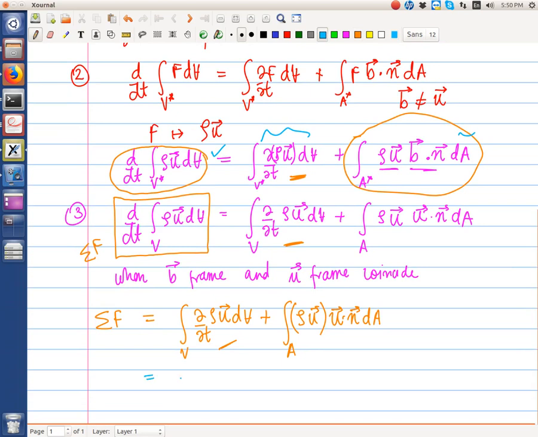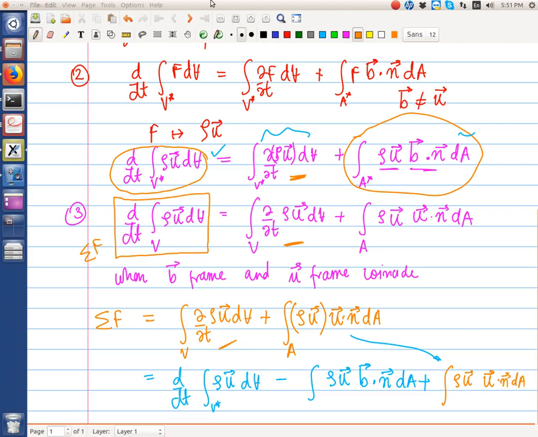So this is equal to d/dt of the integral of rho u dV minus the integral of rho u u_b dot n dA, plus the integral of rho u u dot n dA.